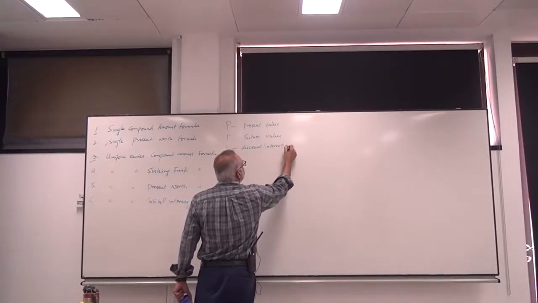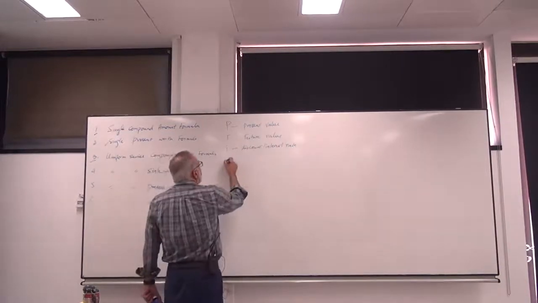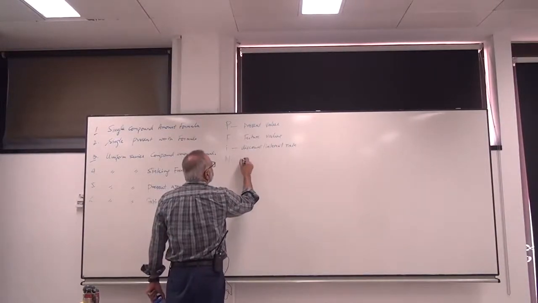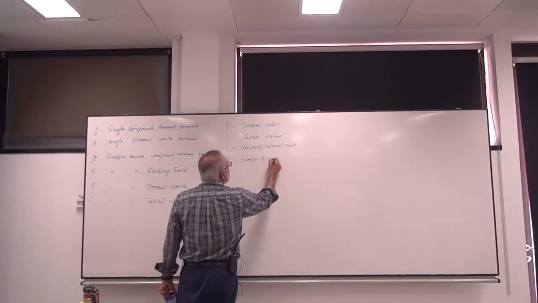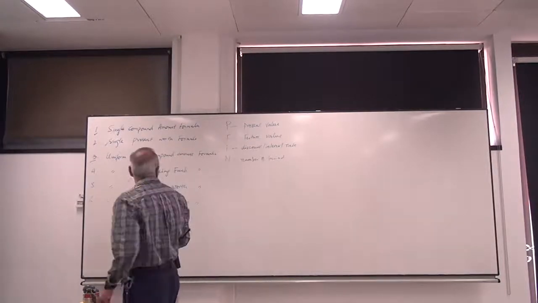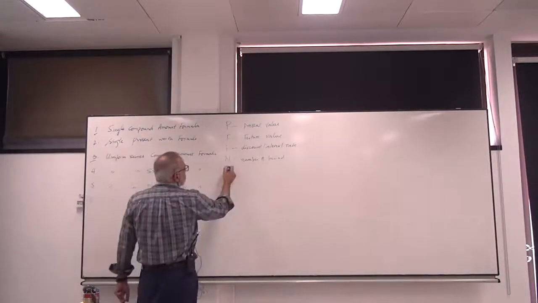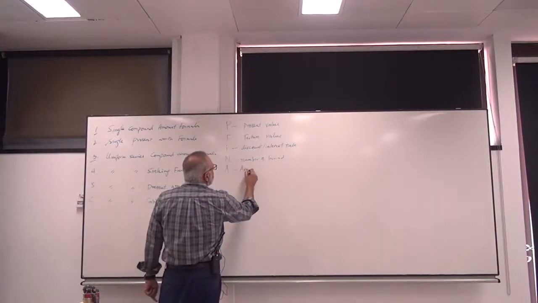N will be the number of periods. And for uniform series of payments, we will be using A for annuity.